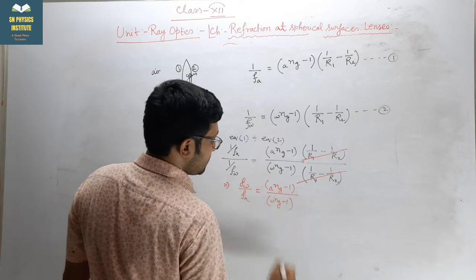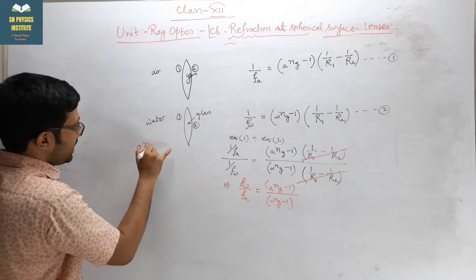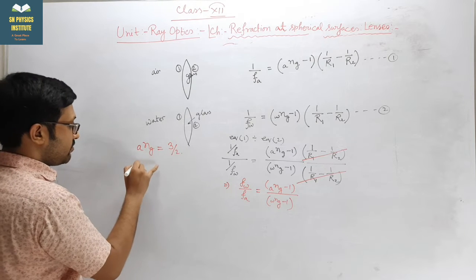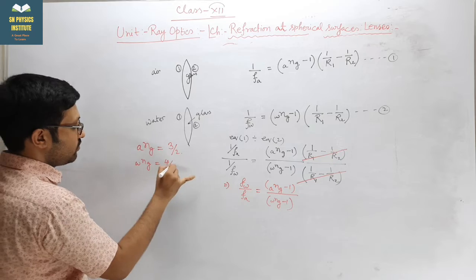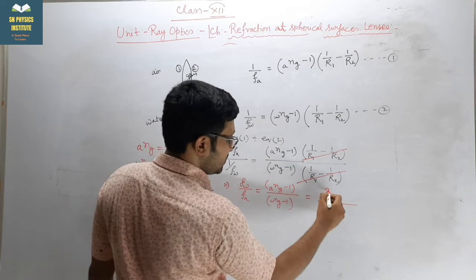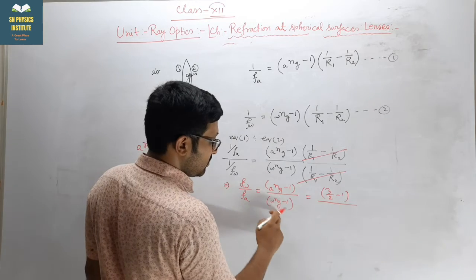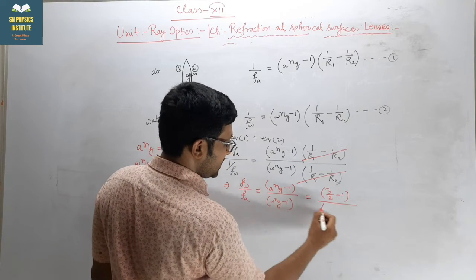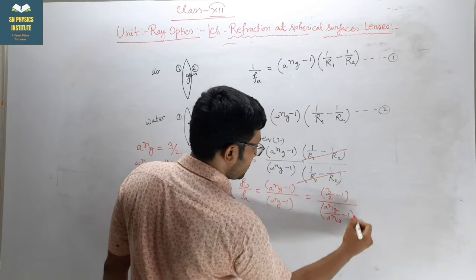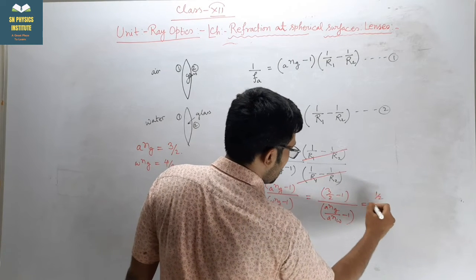Now aNg, the glass refractive index with respect to air, is 3 by 2, and in the same way wNg is 4 by 3. Substituting the values, the numerator is 3 by 2 minus 1, which is half, no problem.